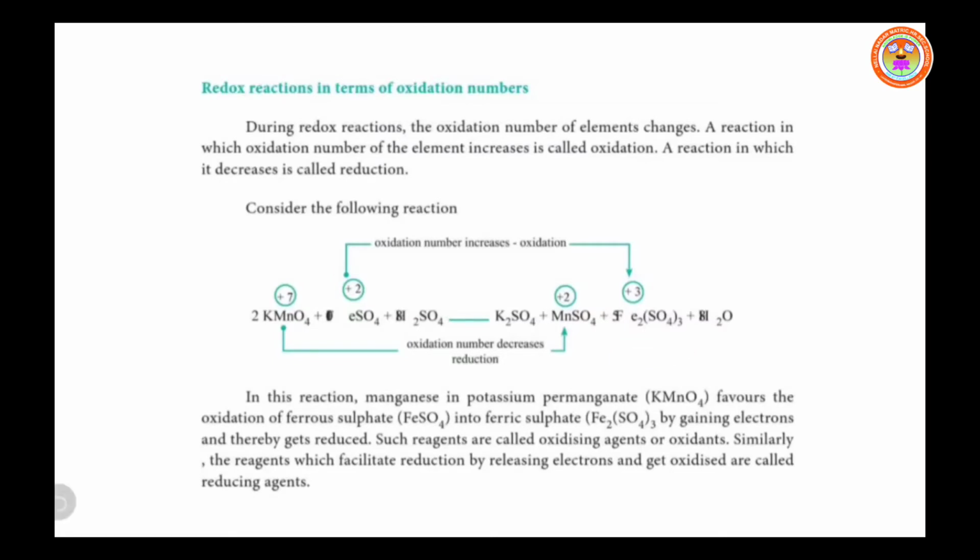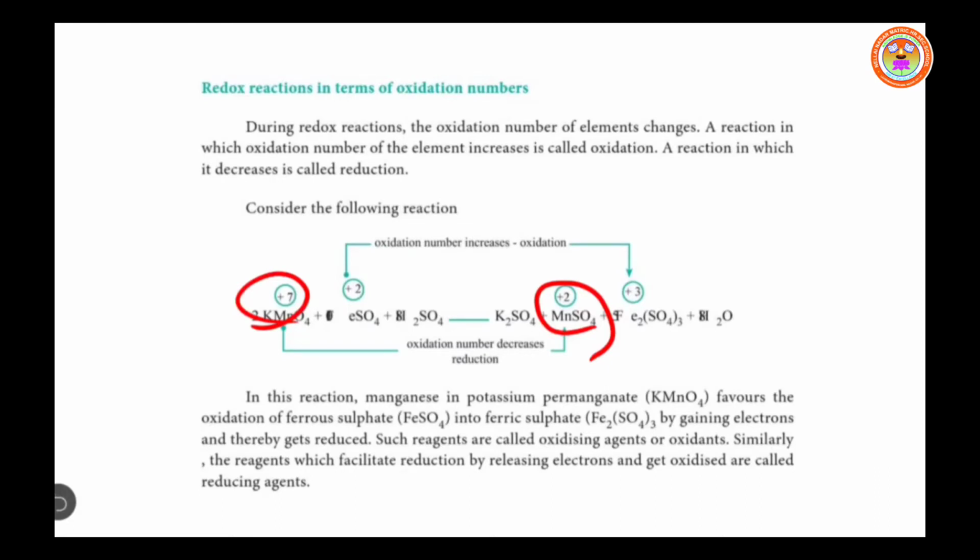Then potassium permanganate. In potassium permanganate, we should calculate the oxidation number of manganese, which facilitates the oxidation reaction. In KMnO4, the oxidation number of manganese is +7, whereas in manganese sulfate, the oxidation number of manganese is +2. So here the +7 state is reduced to +2.